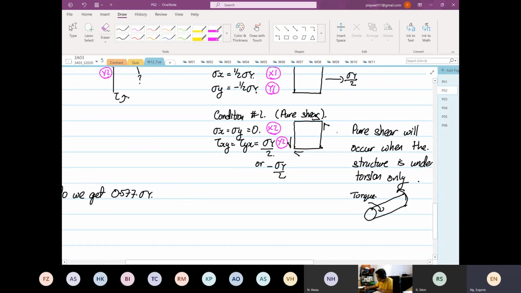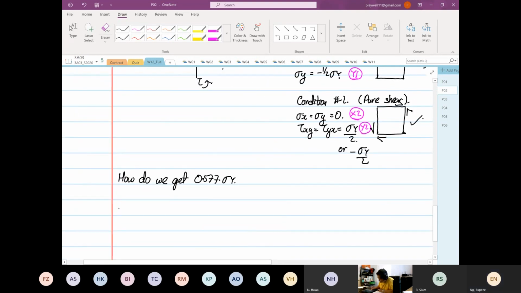When that's the case, we have seen it. If we were to sketch this element out, what we see is stress A will be equal to minus stress B, like what we see over here.